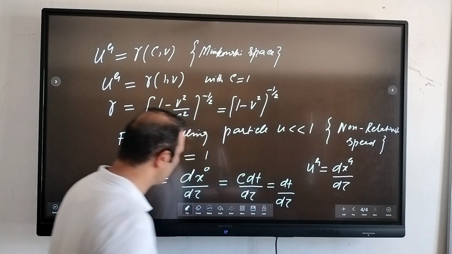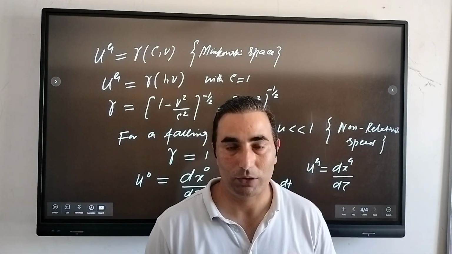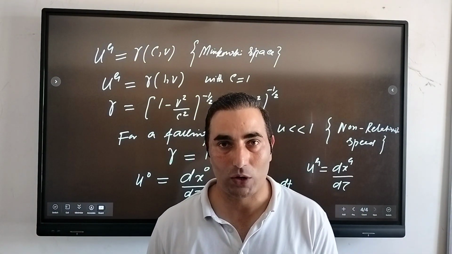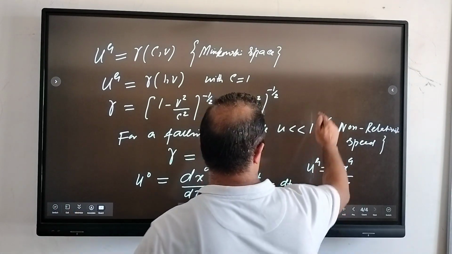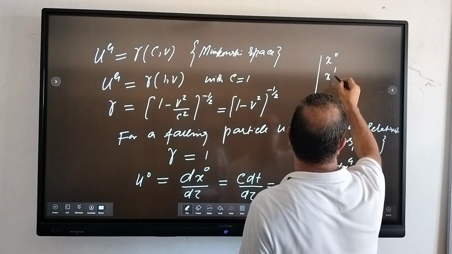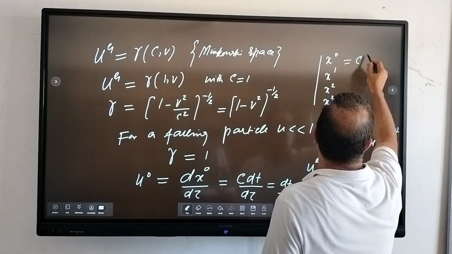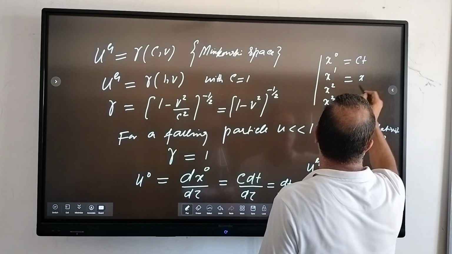Because what I did here is dx^0, and that is equal to c dt, right? So when you are writing x^0, x^1, x^2, x^3, we are saying that x^0 is ct, x.